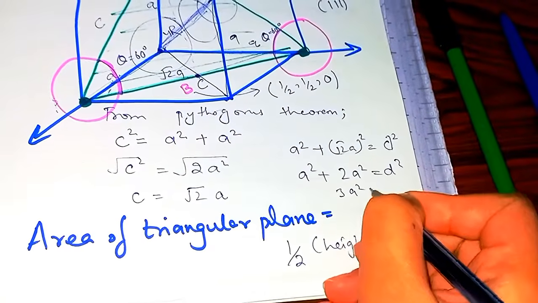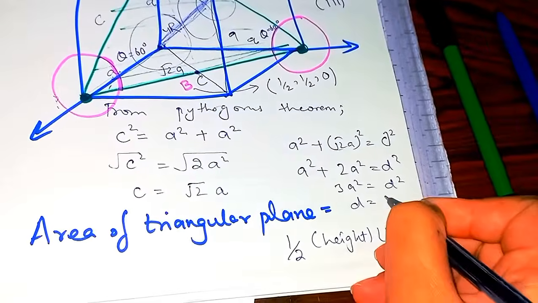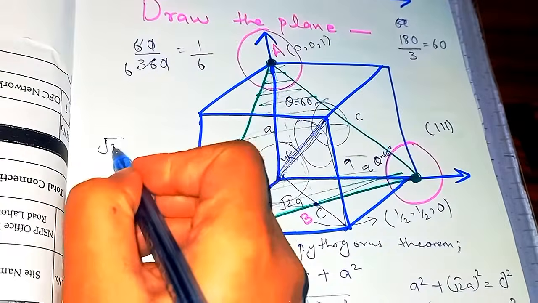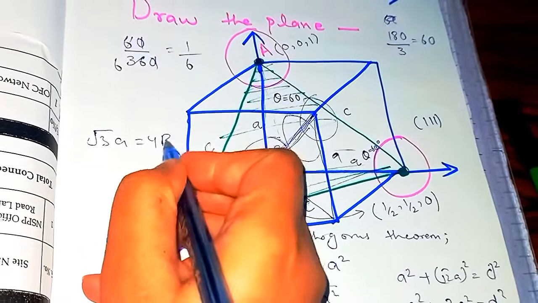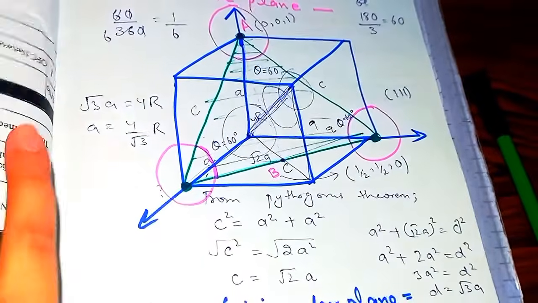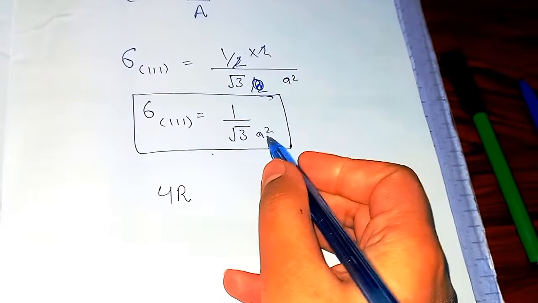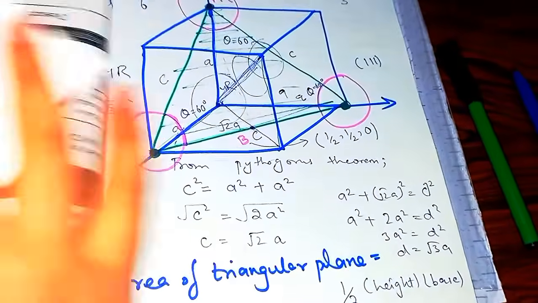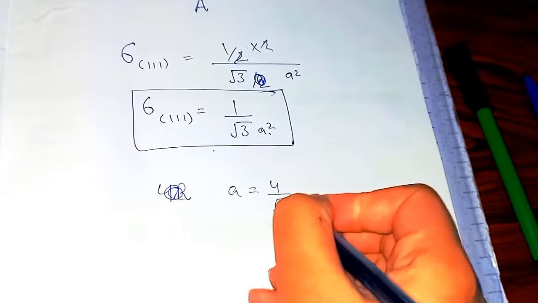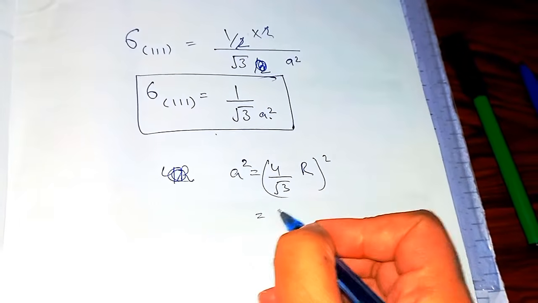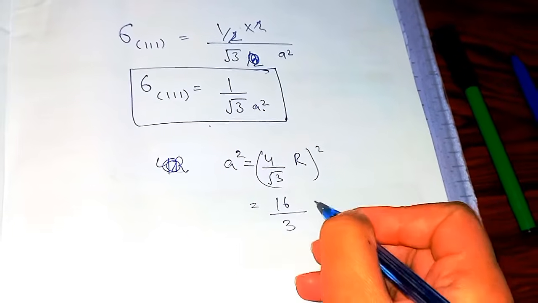This is 3a square equals d square, and d is root 3 a, and root 3 a equals 4r, and hence a is equal to 4 by root 3 r. So we can put the value right here to get a equals 4 by root 3 r, squaring both sides to get the value of a square. It's 16 by 3 r square.